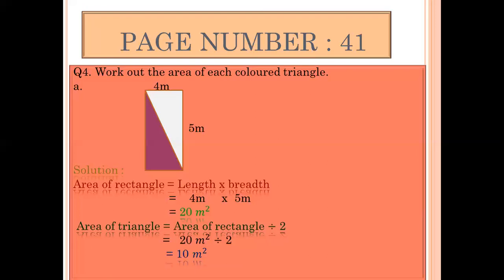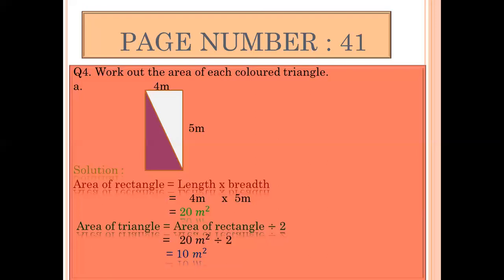Area of the rectangle is equal to length multiplied by breadth. Length is 4 and breadth is 5. 4 meter multiplied by 5 meter, 4 fives are 20. 20 meters square, but this is not our actual answer. Only we find the area of the rectangle. We need the area of the triangle, which is area of the rectangle divided by 2.